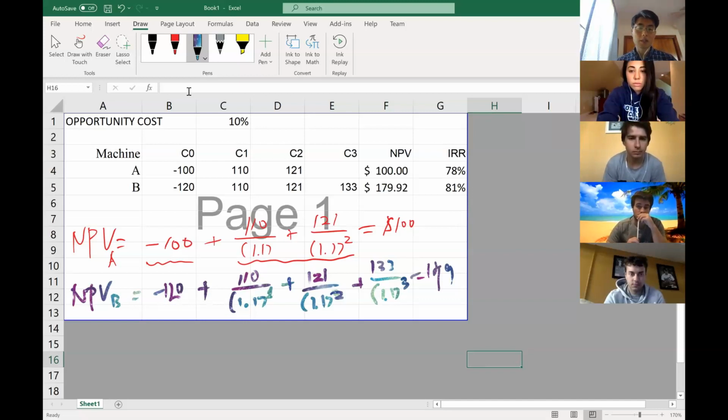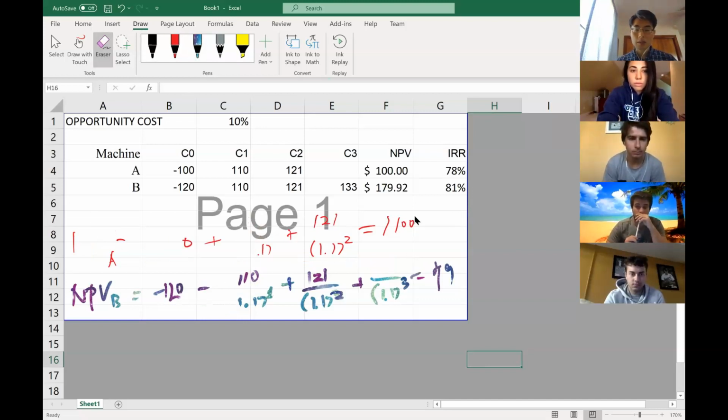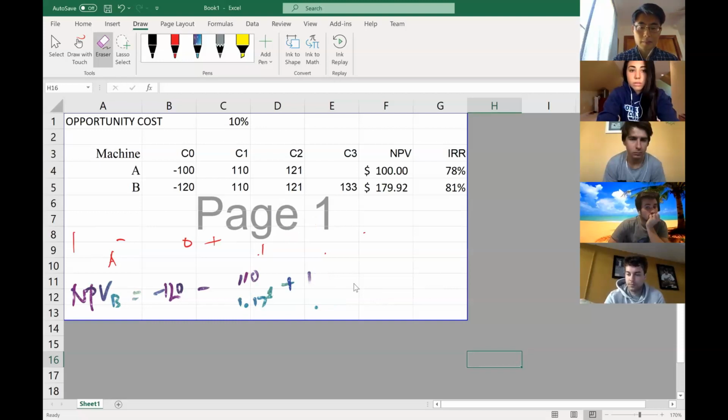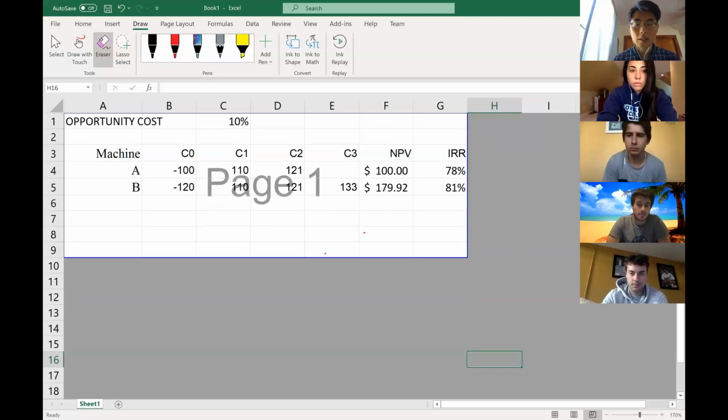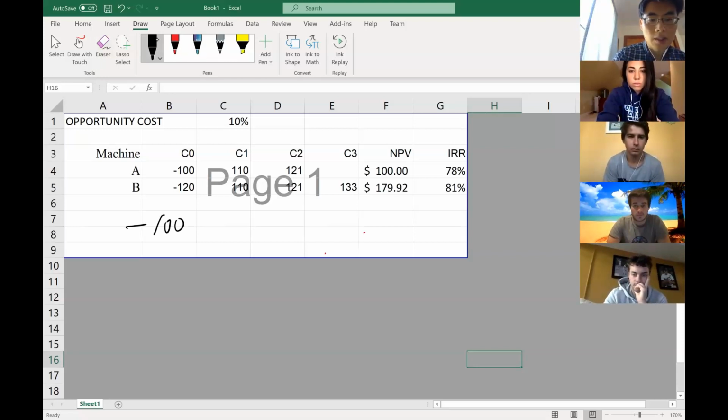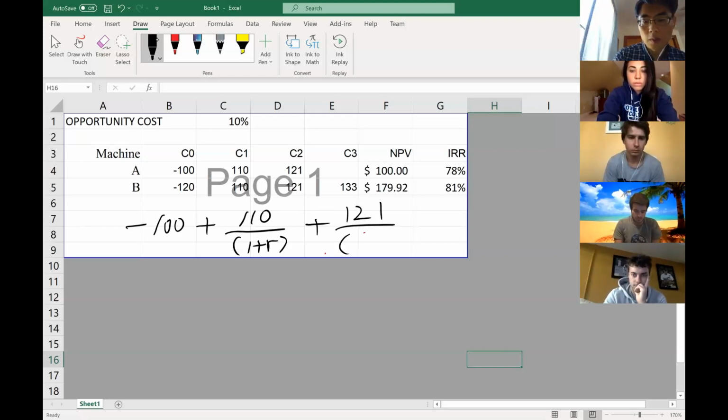Okay, so think about what this means. So when I erase all this, so in case of project A, we talked about the NPV, and its NPV was negative 100 plus 110 over 1 plus r, and 121 over 1 plus r squared.